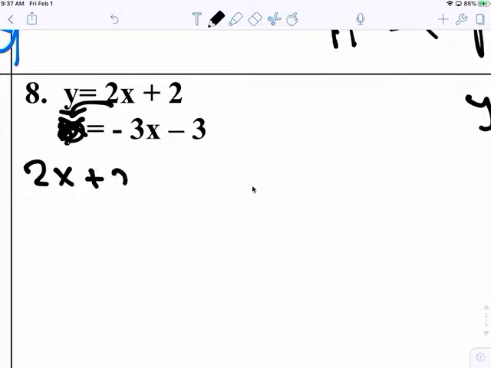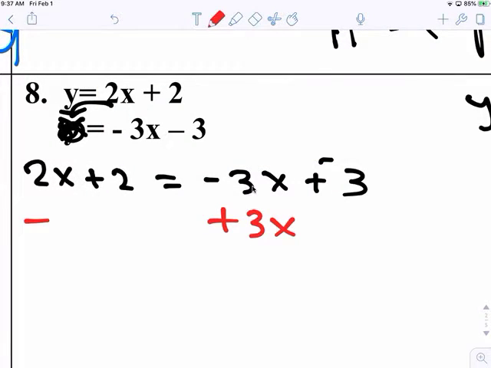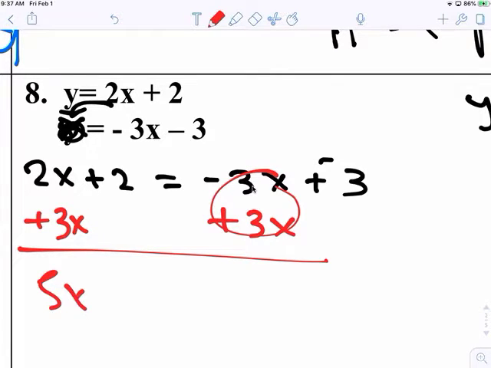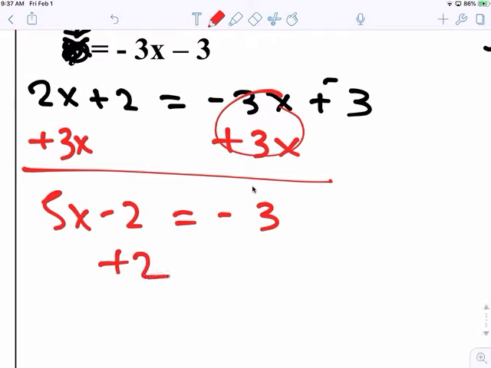2x plus 2 equals -3x minus 3, additive inverse. Get that equal to 0, add 3x, add 3x. Continue to solve this. 5x plus 2 equals -3.